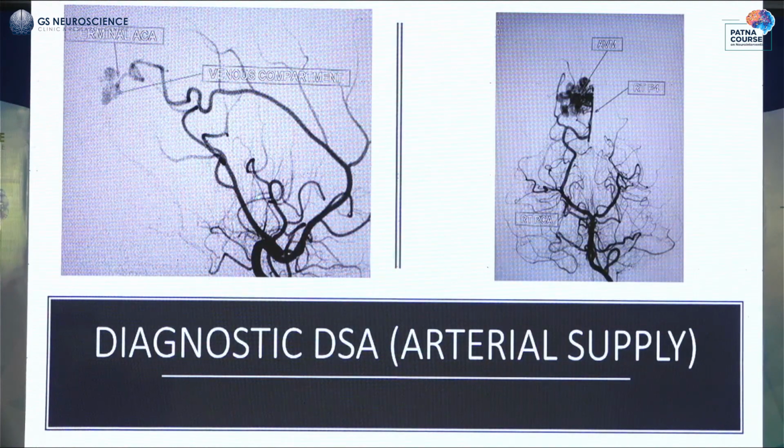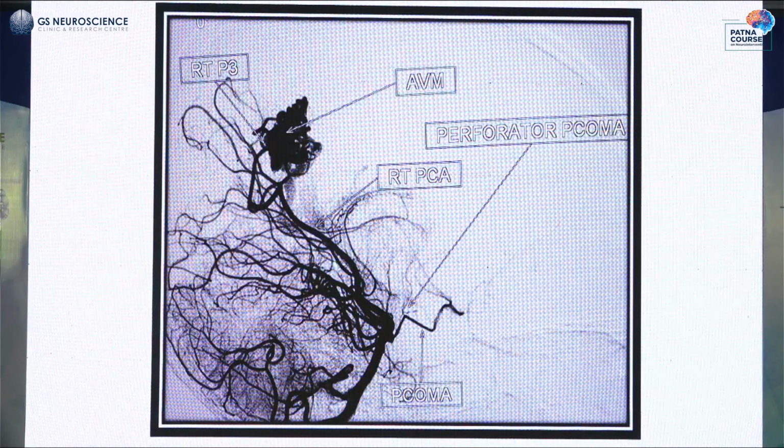Here we see the terminal ACA and this is the PCA. At the watershed zone of the ACA and the PCA, we have this AV malformation sitting. This is again the posterior circulation shot. This is the AVM.